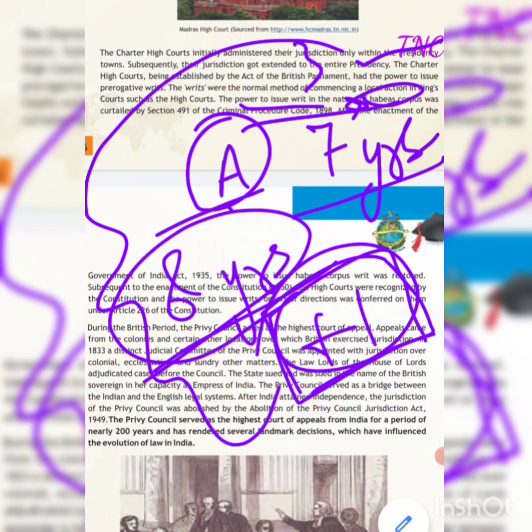The punishment was an imprisonment term of 7 years, but because of the authorities' problem, he has served 1 extra year in jail. So now he has to be set free, because his punishment time is over. So by virtue of this writ of habeas corpus, the family or the representatives of A can file a case and set him free. That is what habeas corpus is generally used for.